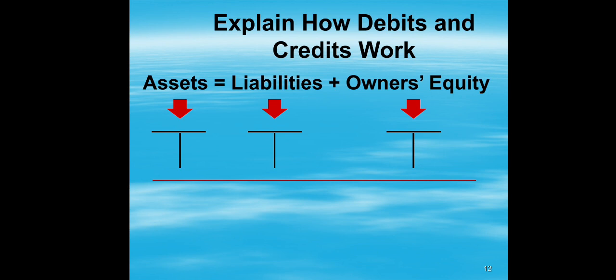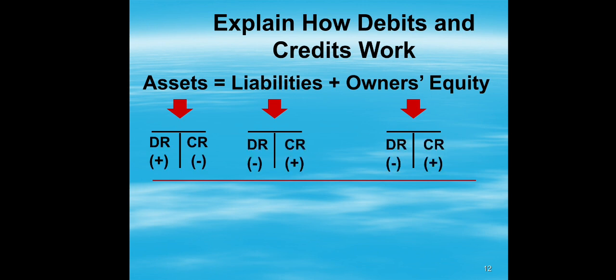So this rule is related to the accounting equation. Remember, in accounting we have the accounting equation. The equation that we have is assets always equal to liabilities plus owner's equity. This one you have to memorize. Okay, so for assets, an increase in asset, you have to record in the debit side.